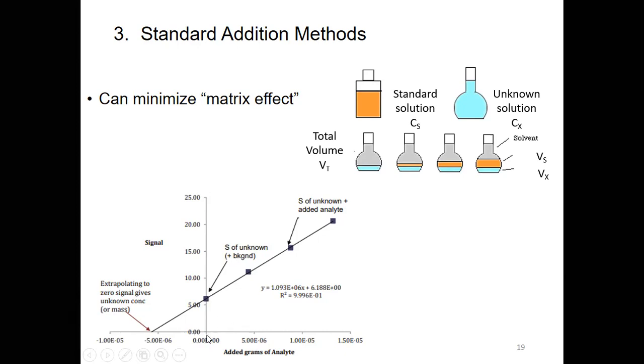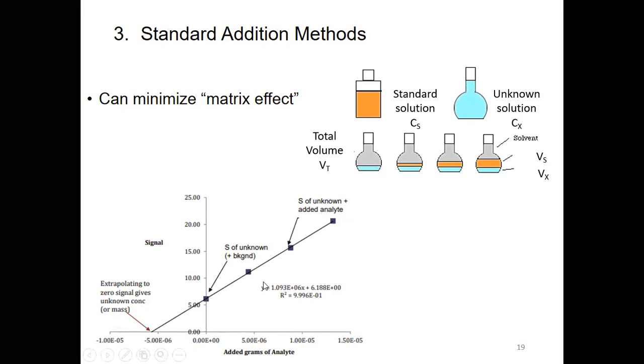When there's no added standard solution in the first volumetric flask, the standard concentration is 0. Then we can plot the signal here. Suppose this signal is 5 or 6. That is the signal of unknown plus background. Background signal is also there. So when the added concentration is 0, that gives the signal of the unknown.